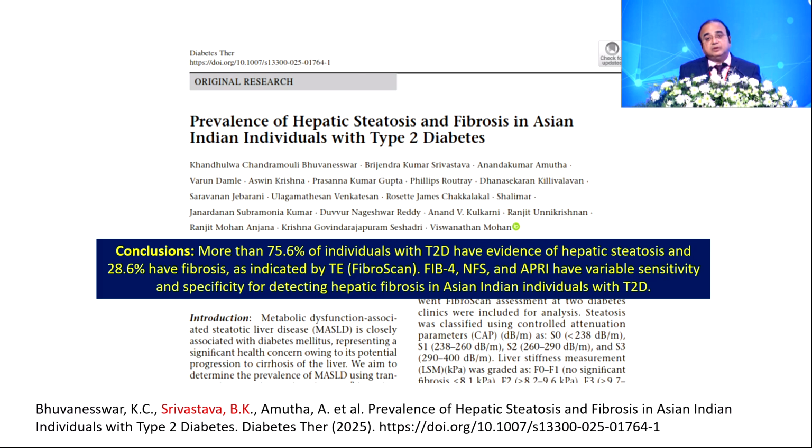So this is not community data, it is type 2 diabetes data, and we have very well shown nearly 3/4 of individuals with type 2 diabetes have steatosis, and 28.6% have fibrosis. And the scores which we have discussed, like APRI, FIB-4, NFS, all these scores have an association with varied sensitivity and specificity.